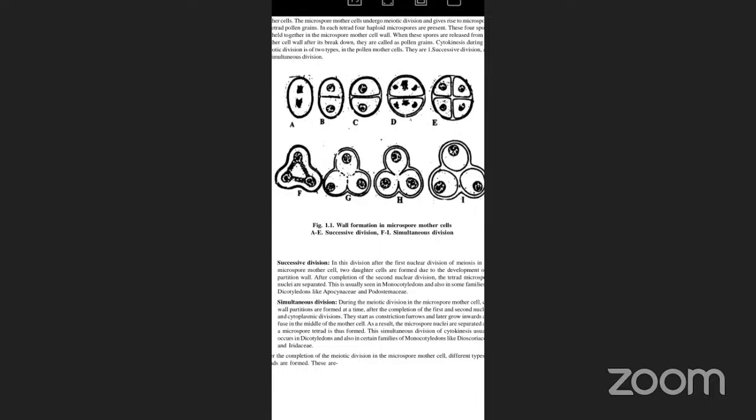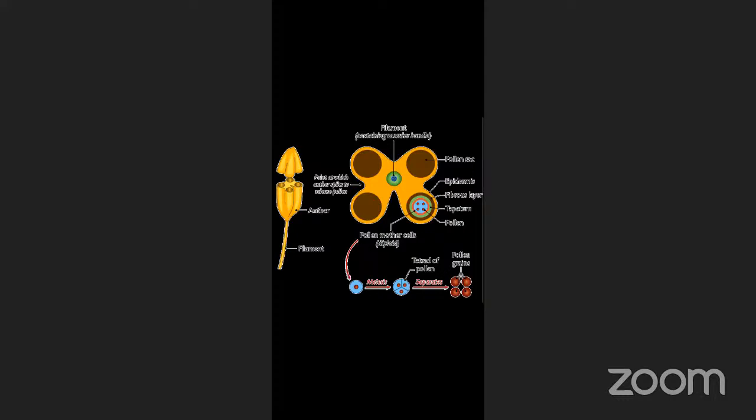For example, so this is the stamen. These are the stamen.